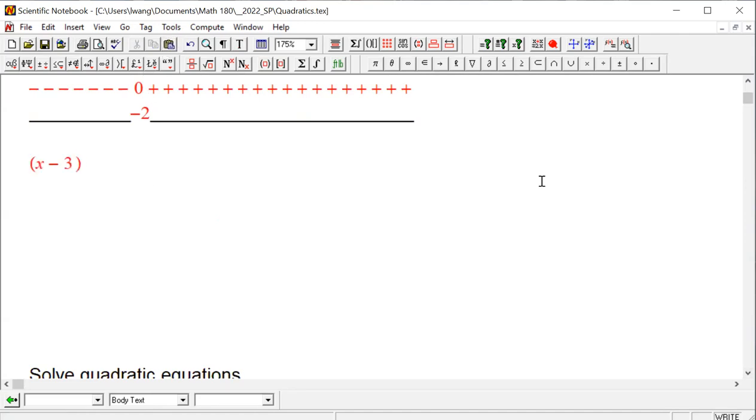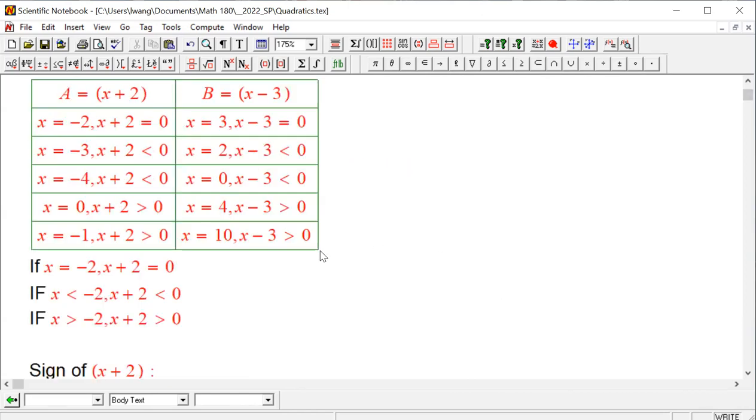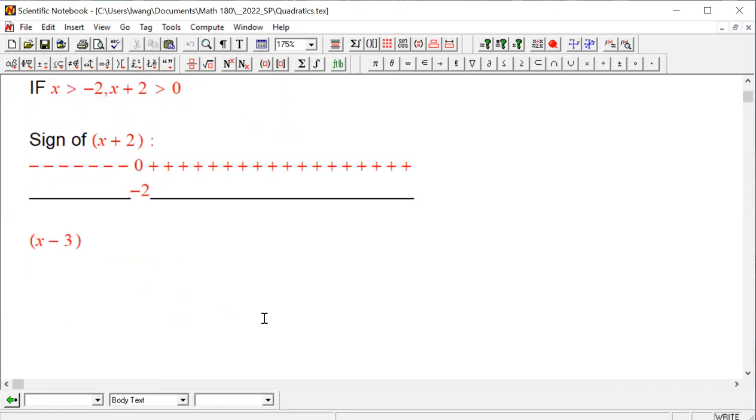So we have a similar observation about x minus 3. If x equals positive 3, x minus 3 is 0.